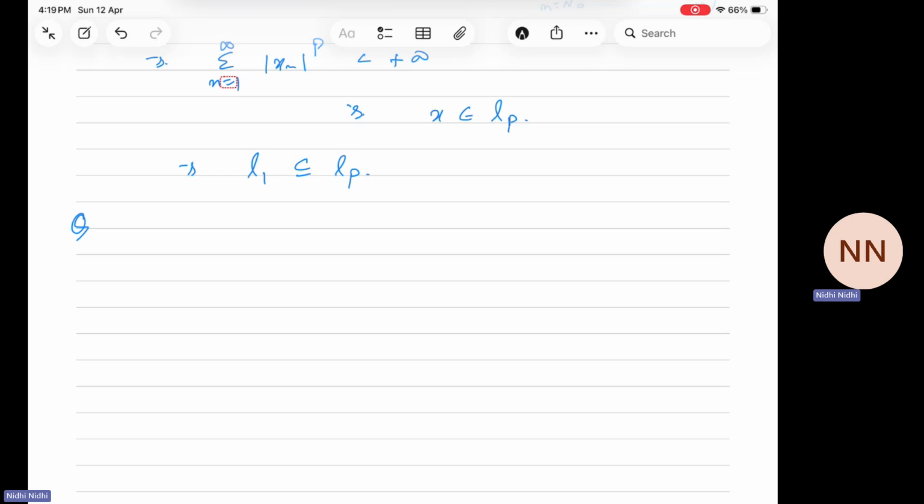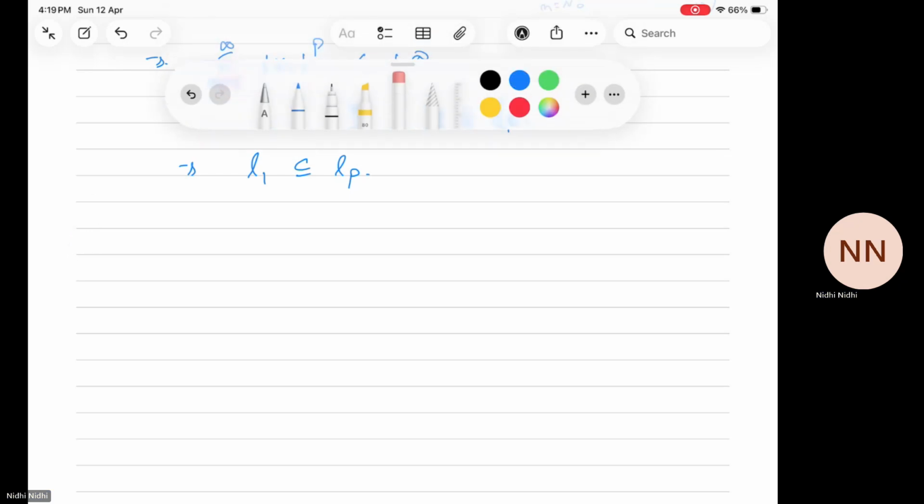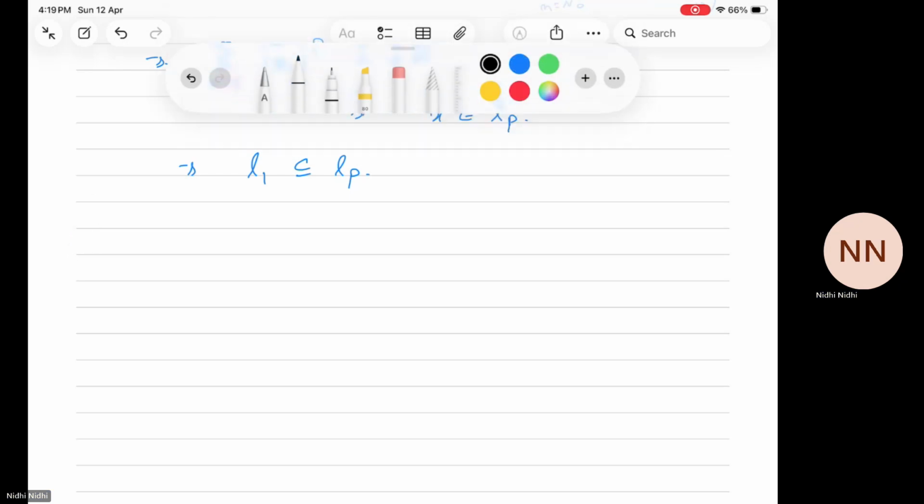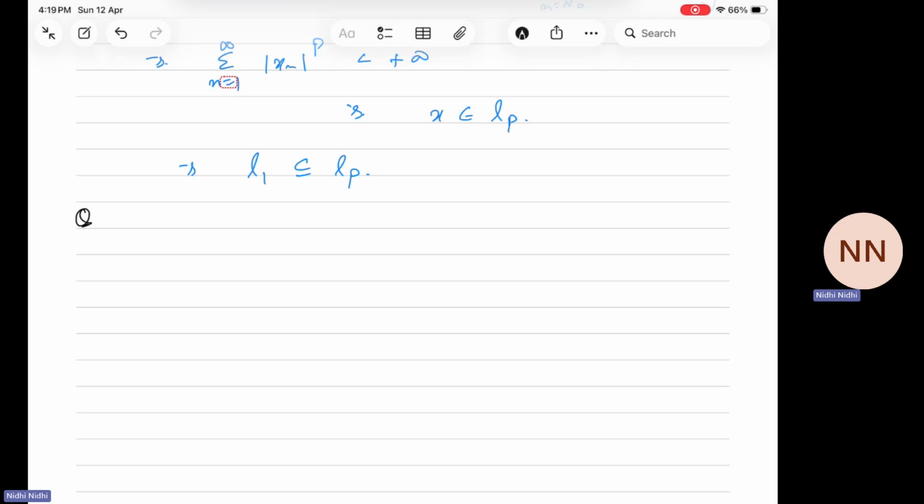Question number 5. Let V be the space of all uniformly continuous bounded functions.